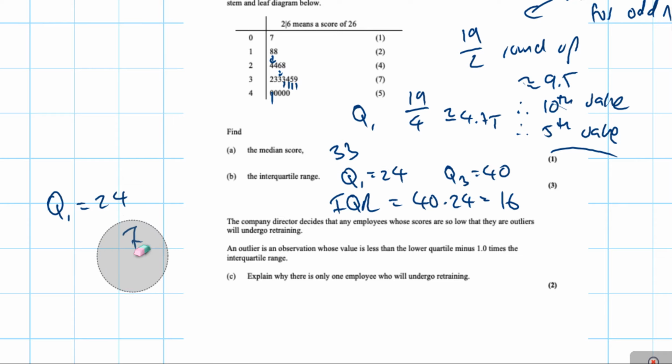So here we're looking at low scores, so we're looking at quartile 1, which is 24. So that's saying that the outlier boundary is equal to Q1 minus the interquartile range. That's essentially where the outliers will begin.